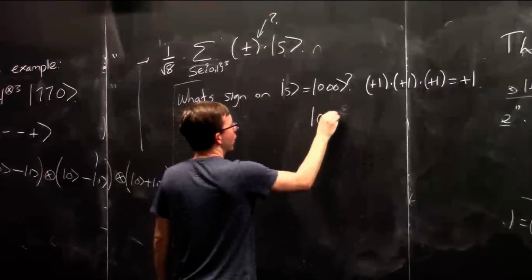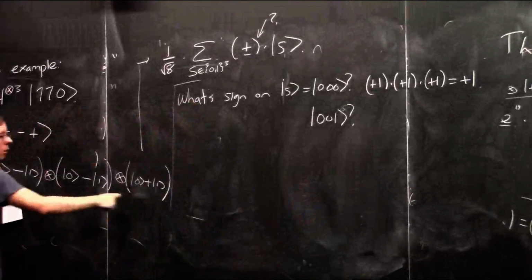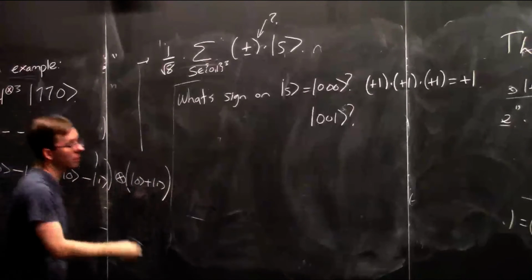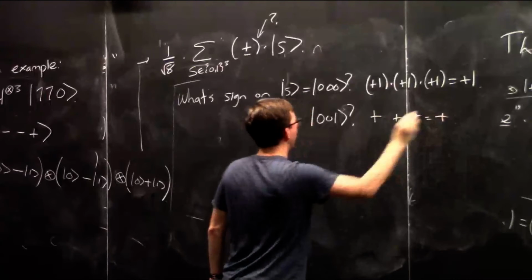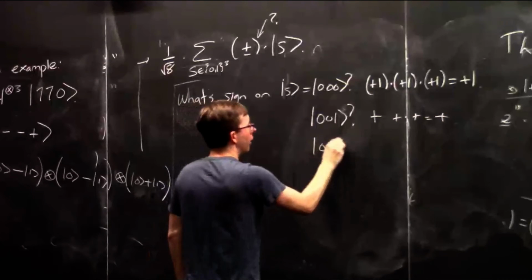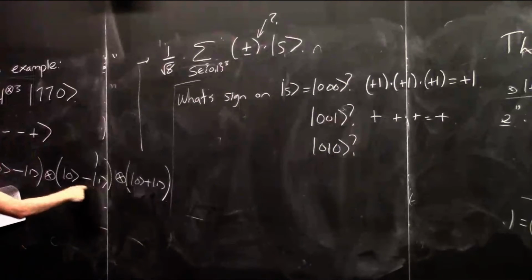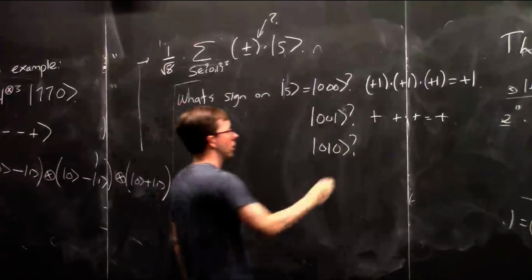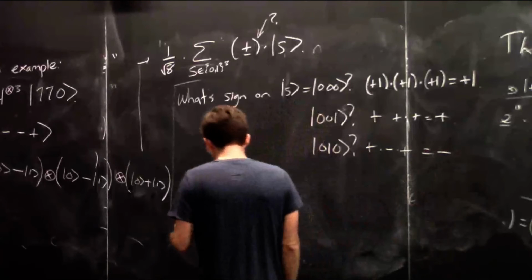What about on 0, 0, 1? Well, you have to get a 0 from here, a 0 from here, and a 1 from here. So it's plus times plus times plus again. Okay, what about 0, 1, 0? Well, you have to get the 0 from here, that's plus, the 1 from here, that's minus, and the 0 from here, that's plus. So it's plus times minus times plus, which is minus.